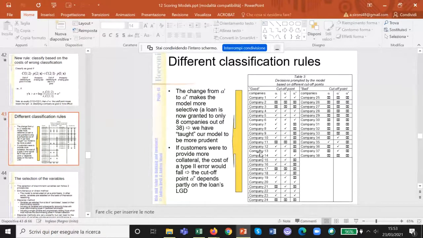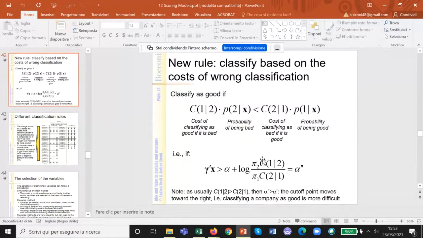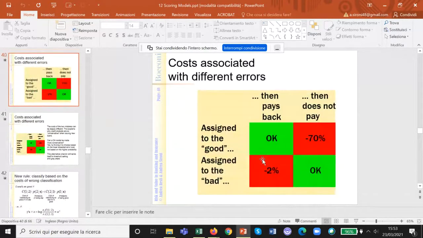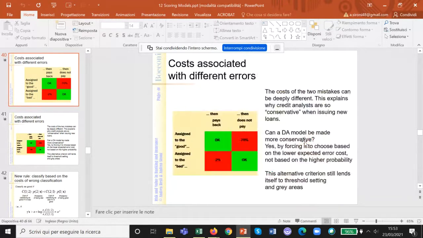Now, keep in mind that this adjustment could be corrected, for example, if we provide more collateral. If the borrower provides more collateral, clearly the cost of this minus 70% would be significantly decreased, because the LGD would be decreased.